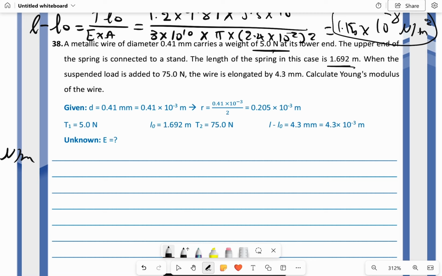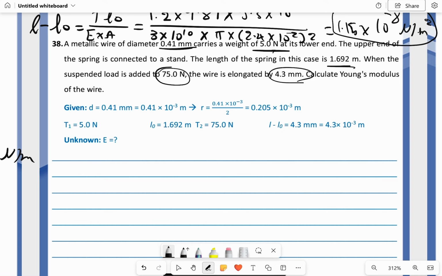You have tension, 5 Newton. You have diameter equal to 0.41 millimeter. When the suspended load is increased to 75 Newton, the wire is elongated by 4.3 millimeter. Calculate the Young's modulus of the wire. Now, guys, look. You have 5 Newton here at its low end.